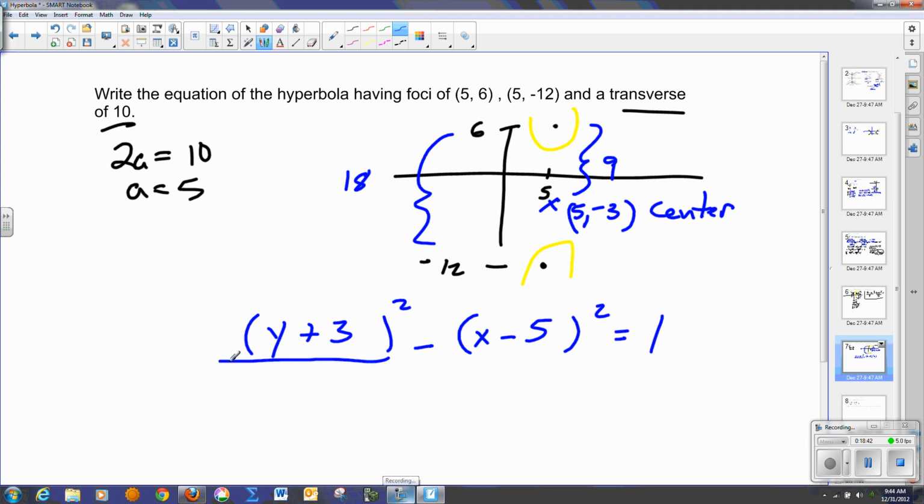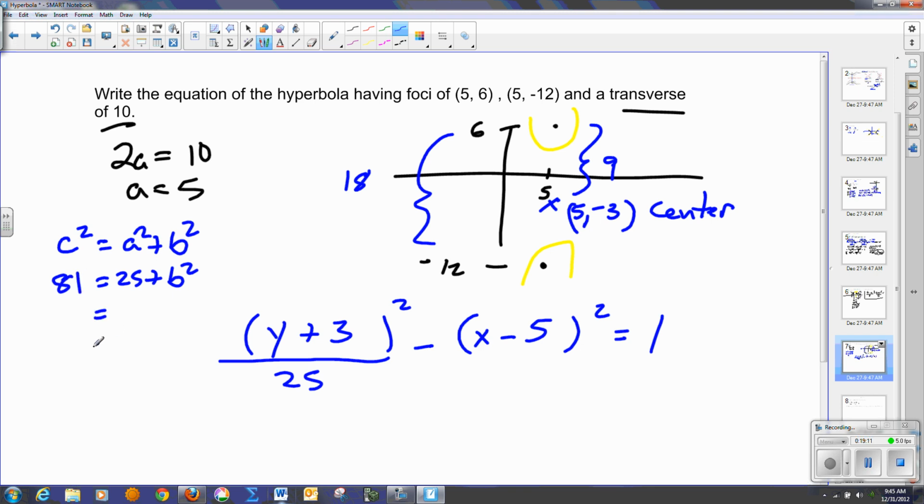We've already stated my a value is 5, so 25 is a squared, and the a always goes under the first term. And once again, I'm back to finding my b value, so c squared equals a squared plus b squared. a squared we said is 25. b squared we're looking for. c we know to be 9, so c squared is 81.